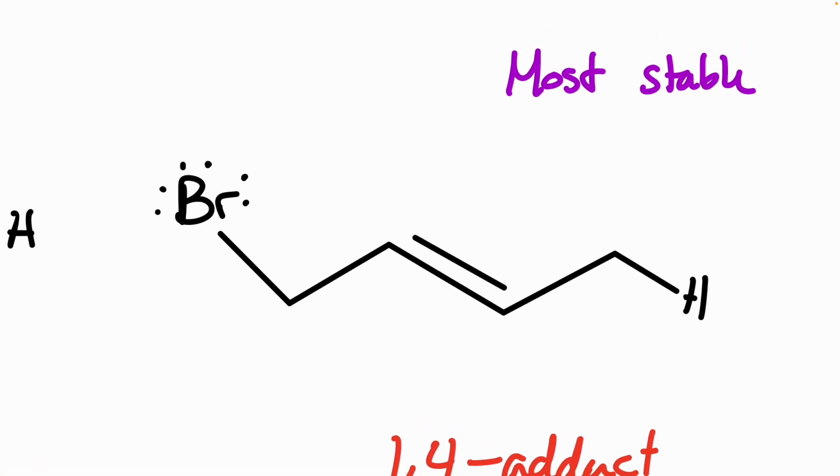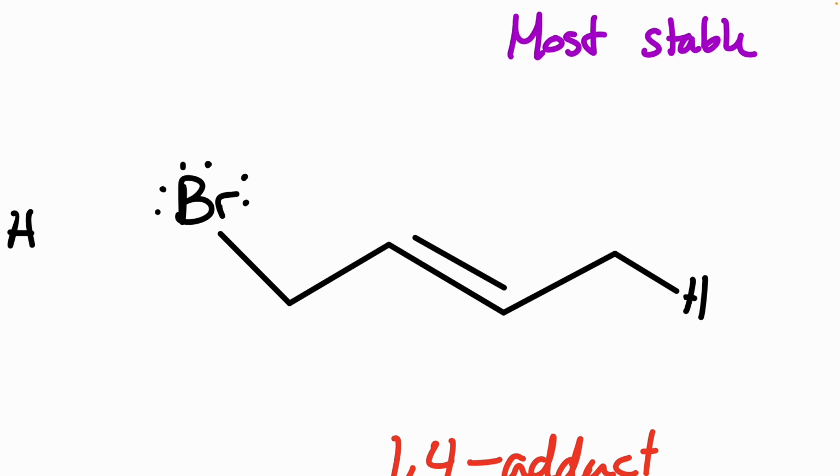We said that this was our most stable one, so let's look at its degree of substitution. I'm going to look at my two sp2 hybridized carbons and count how many neighbors they have. Everybody take a second. Tell me what's the degree of substitution on this one. We got one carbon over here, a second carbon over here, so this one is di-substituted.